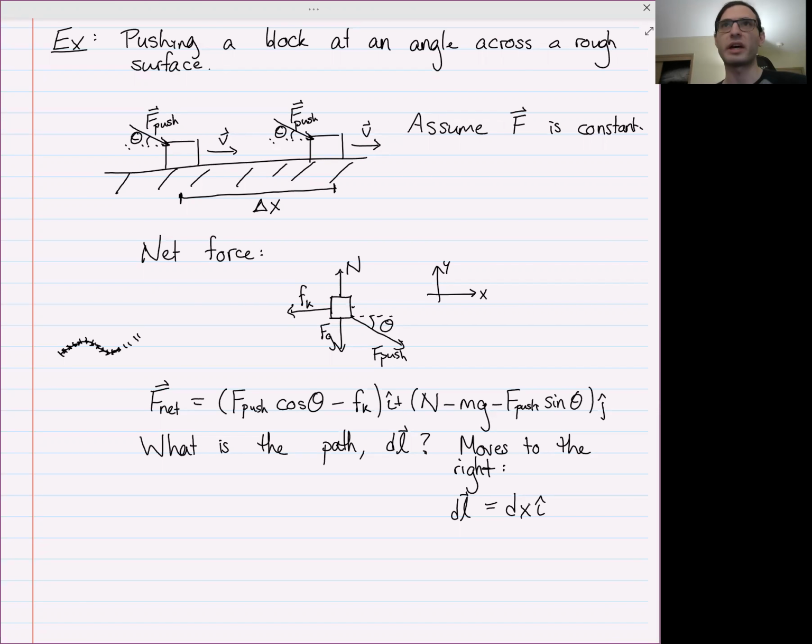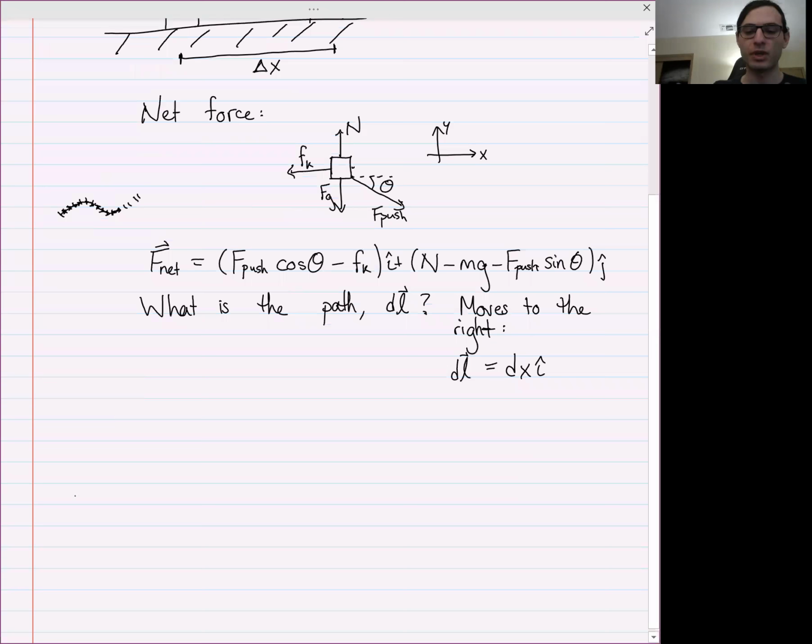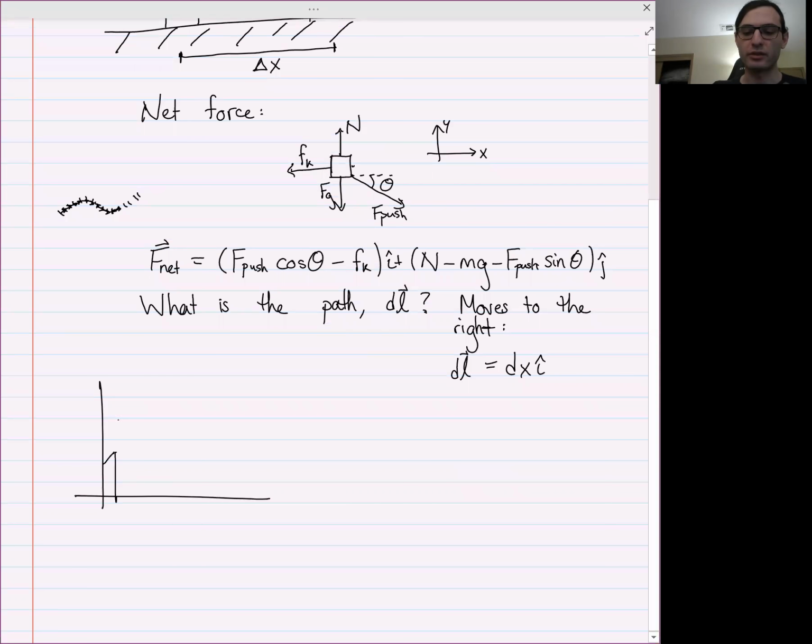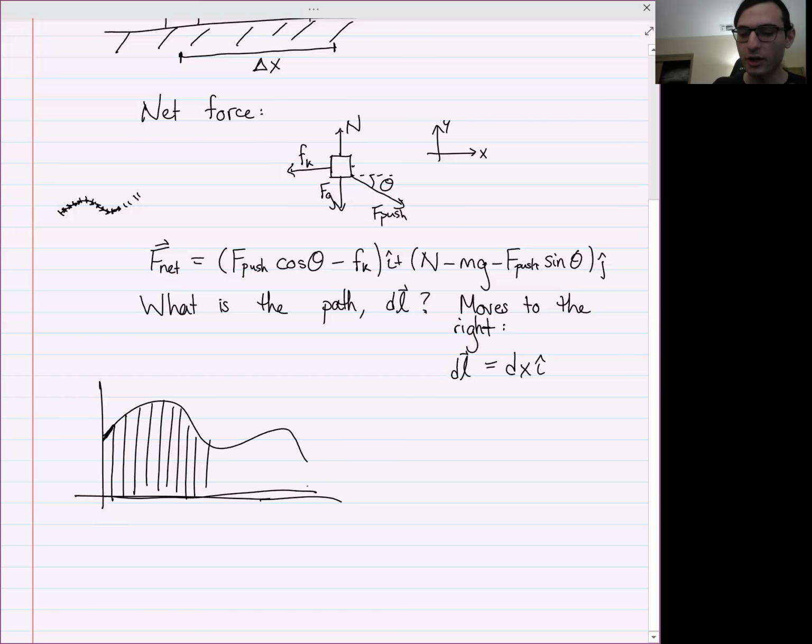But the whole point is that you're trying to add up things along a path. Normally, when you do an integral, you add up a whole bunch of things. You have a curve, and when you do an integral, what you're doing is adding up the height of the function above a path across the x-axis.